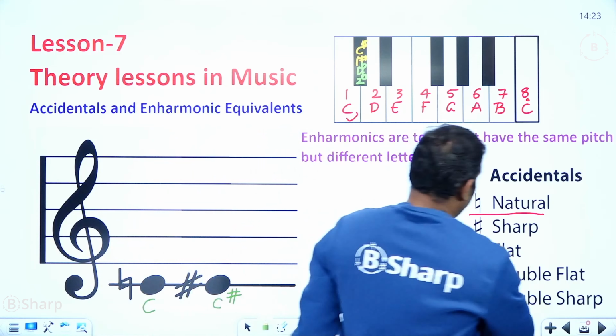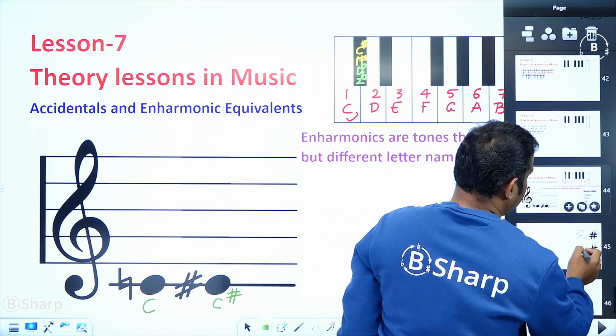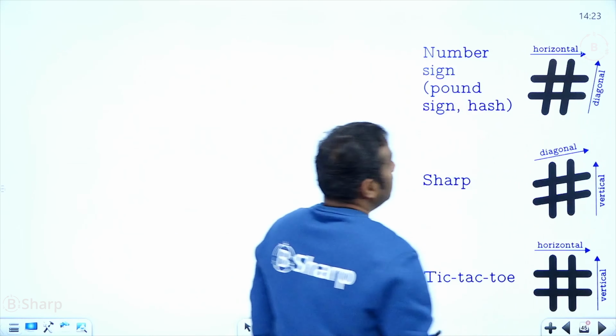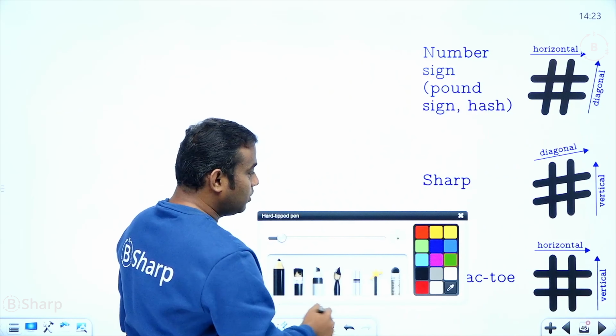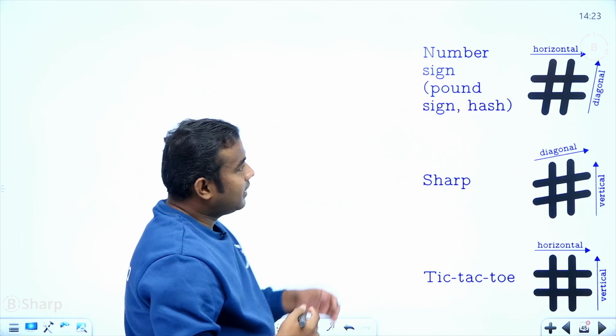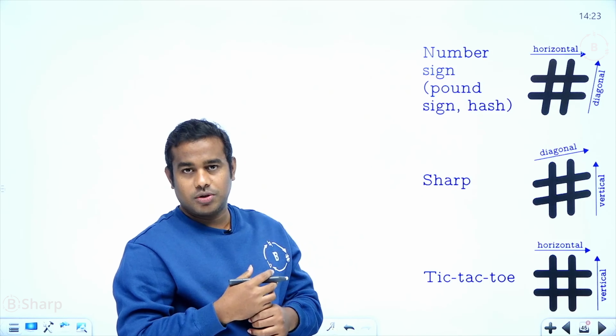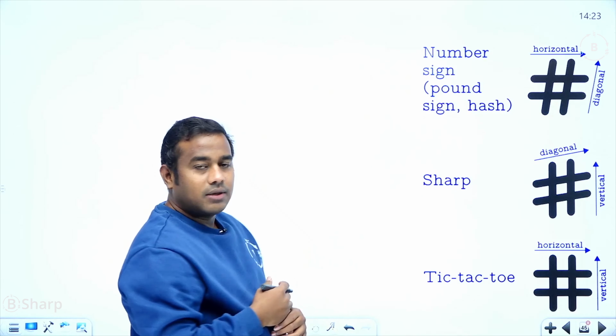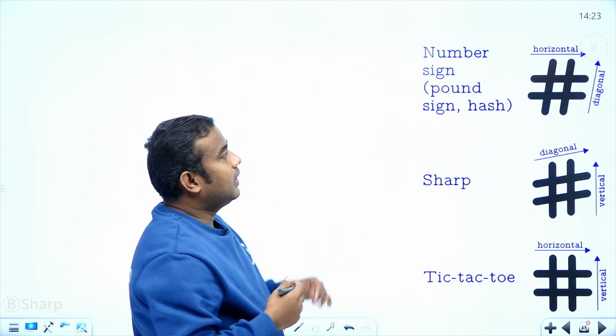Likewise, when you come to C sharp, this C sharp symbol has to be written like this. Most of us have a doubt here, which is how you have to draw this sharp symbol. Remember, a sharp symbol can normally be represented in three varieties.